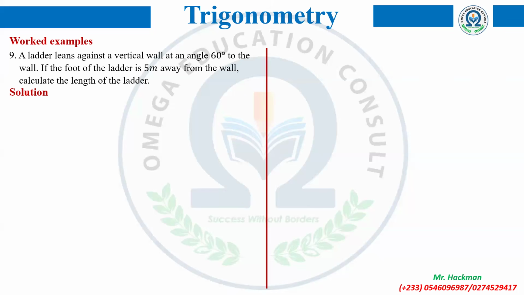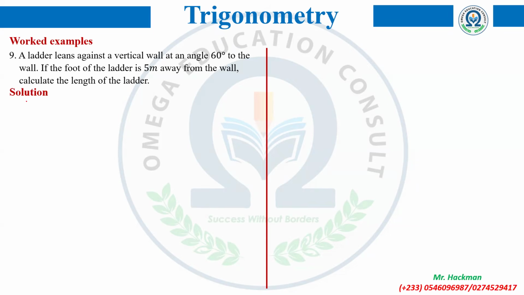So the angle with the wall is what we are given in this word question. Your ladder will make an angle to the wall and also an angle to the ground. But you can see that here, we are given the angle to the wall, not the angle to the ground. So when you are getting your diagrams, make sure you use the exact information provided in the question.